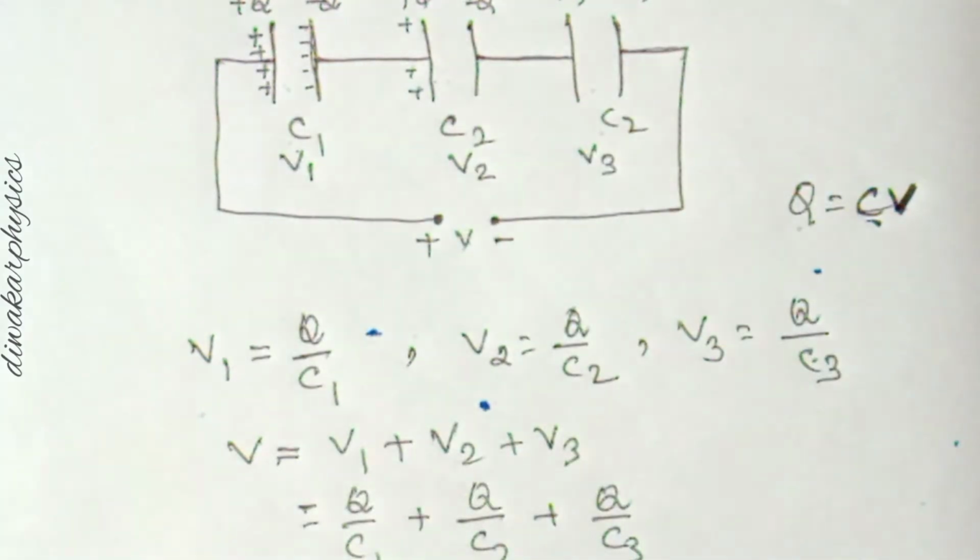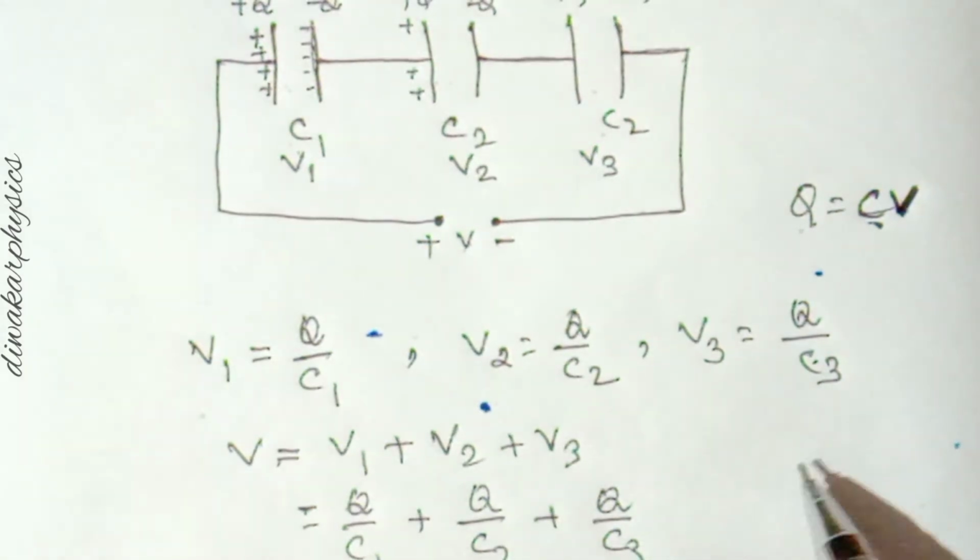That is called the equivalent capacitor, which can replace the combination of the given capacitors. That is the equivalent capacitance.